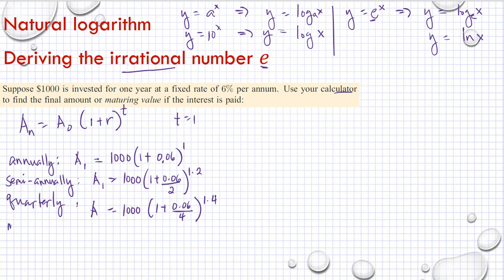And then if we have monthly, then we have A is equal to 1,000 times 1 plus 0.06 divided by 12, raised to 1 multiplied by 12. The question is, how about if it is compounded continuously? Then it will look like this.